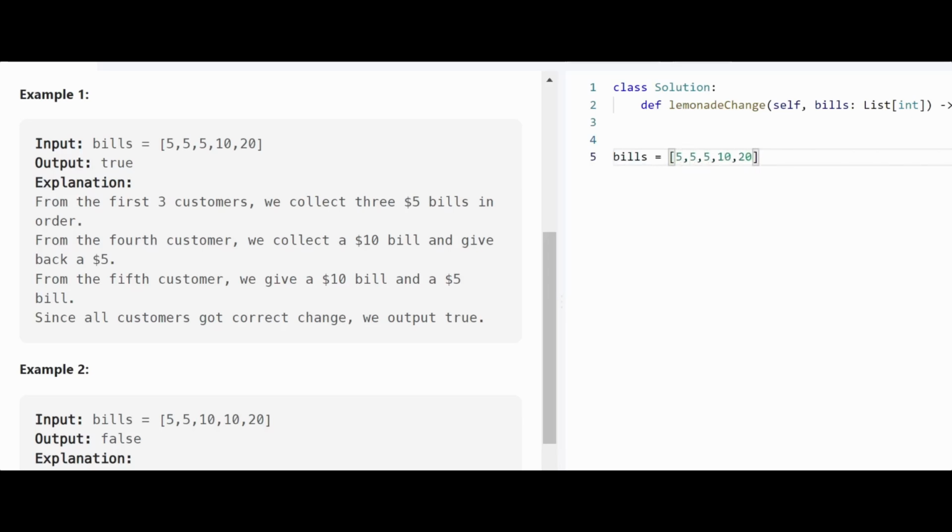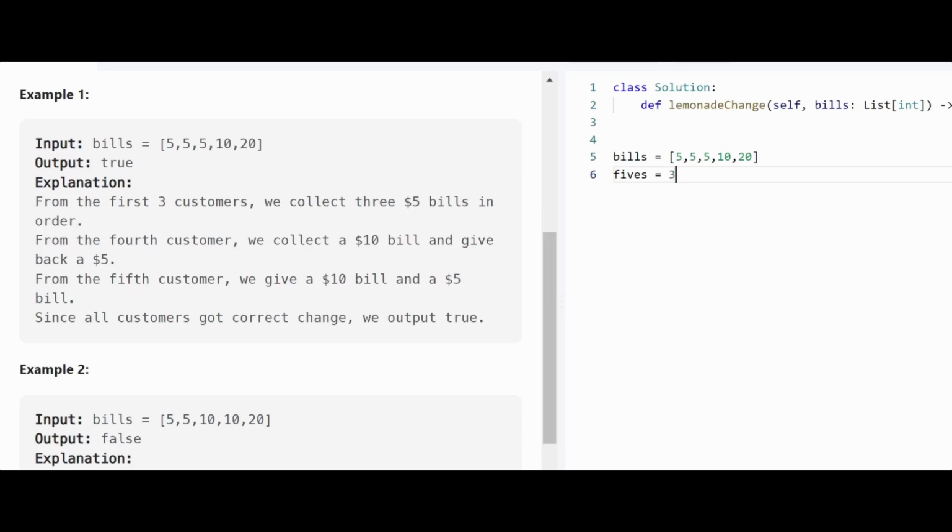So once a guy comes, he buys a lemonade. Right now, the amount of fives you have is one, for this first guy. When the second guy comes, you have fives as two. When the third guy comes, you have the fives bills as three, right?